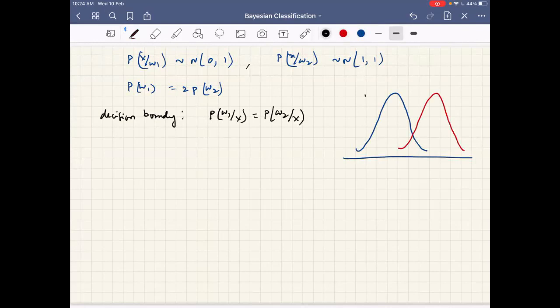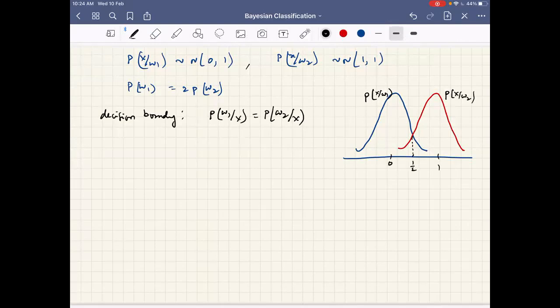What I'm plotting here, P of x given omega 1 and P of x given omega 2, are likelihoods. So the decision boundary won't come from here. This is only the likelihood based decision boundary. So which curves will help me find the decision boundary? I will show that finally, when I get the answer here.